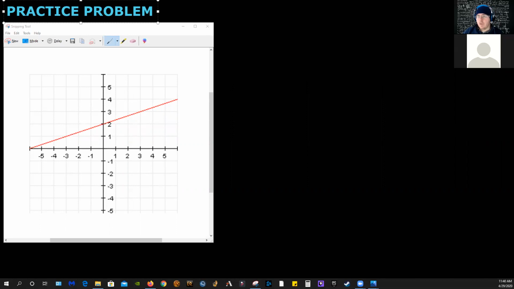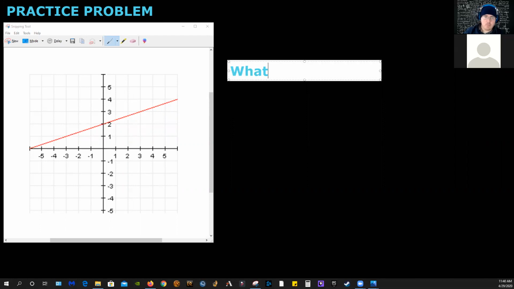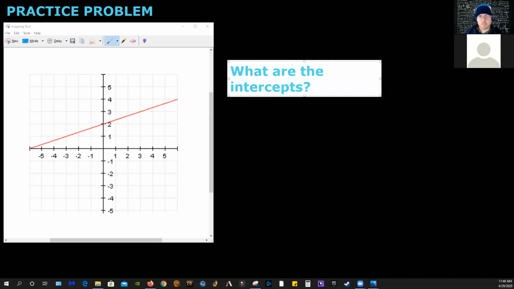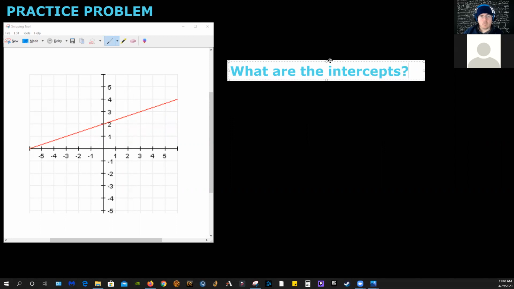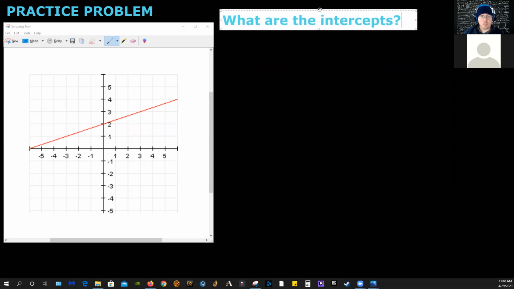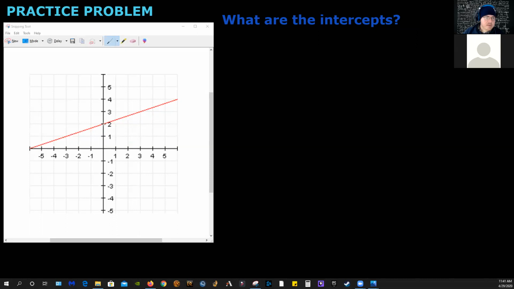So what I'm asking is that, oh, hey, Lily. So what I'm asking is that you guys be able to identify the intercepts just by looking at a graph. So I'm going to go ahead and note that one of the intercepts is here, and one of the intercepts is here, and all we have to do is write down what those spots are.